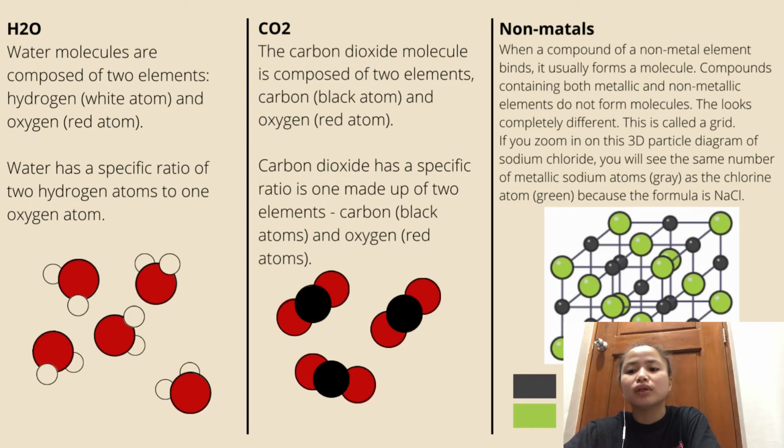If you zoom in on this 3D particle diagram of sodium chloride, you'll see the same number of metallic sodium atoms, the gray ones, and chlorine atoms, the green ones, because the formula is NaCl, or sodium chloride.